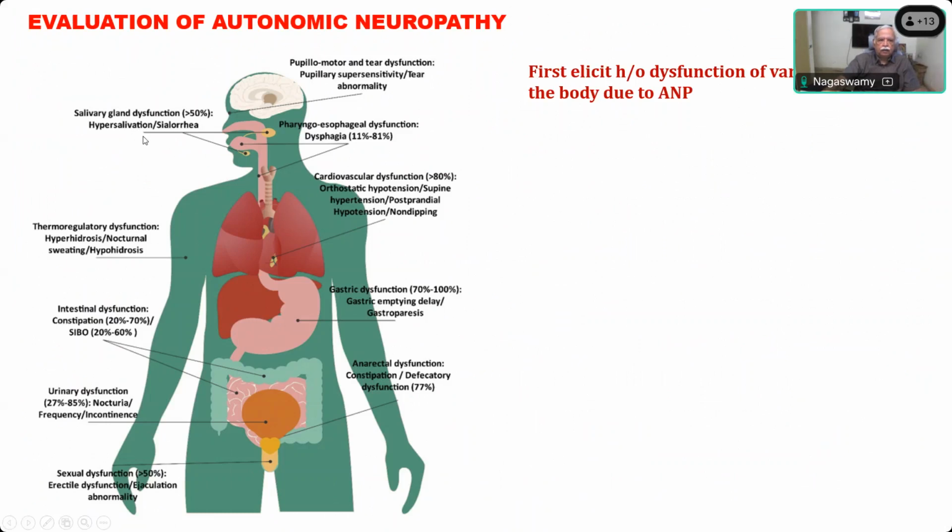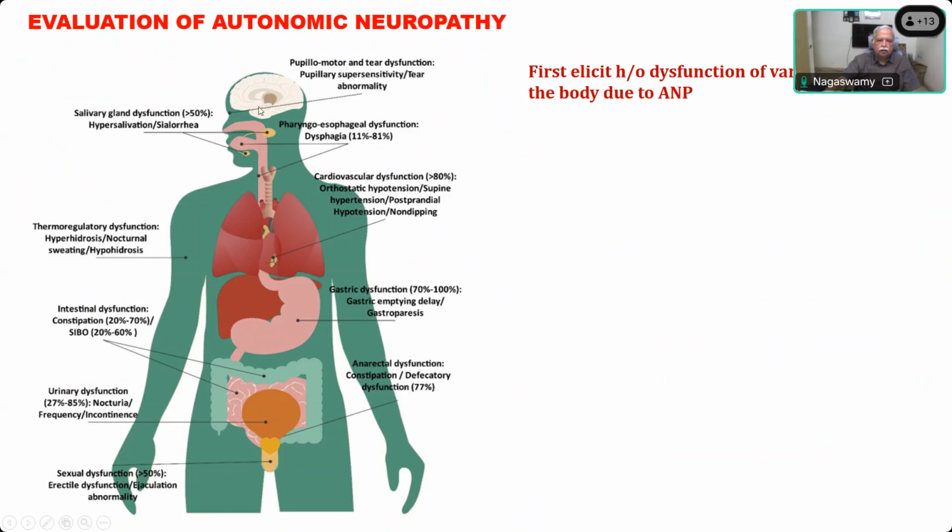Salivary gland dysfunction, hypersalivation or sialorrhea; pharyngoesophageal dysfunction by dysphagia; and then thermoregulatory dysfunction by hyperhidrosis or nocturnal sweating, hypohidrosis; and cardiovascular dysfunction: orthostatic hypotension, supine hypertension, postprandial hypotension, non-dipping changes; then gastrointestinal gastroparesis or delayed gastric emptying; intestinal constipation alternating with diarrhea; urinary dysfunction: nocturia, frequency, incontinence; anorectal dysfunction: constipation, defecatory dysfunction; and sexual dysfunction in the male in the form of erectile dysfunction.